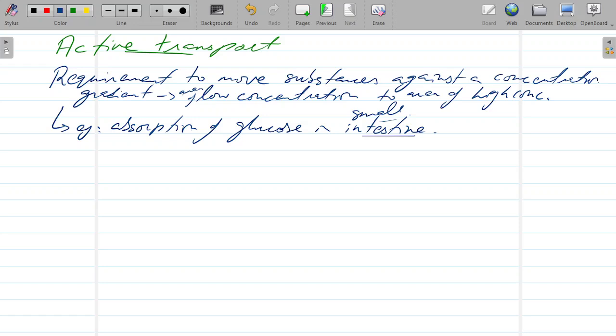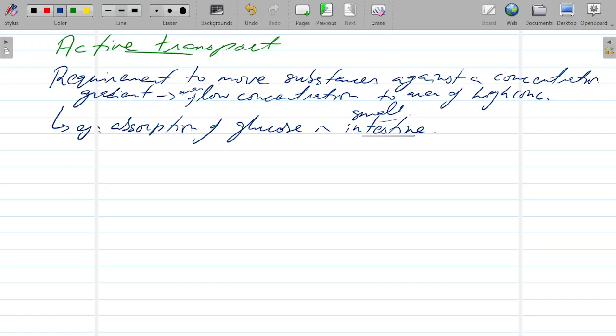Then the rest will be removed because they're not required. And so now inside the small intestine, the concentration will be low. And so the glucose molecules will start leaving the cell. And that is going to be problematic because your body cells need the glucose, so they need to be transported away, right? So if we rely solely on diffusion, it's not going to work. In fact, you end up losing a lot of nutrients.